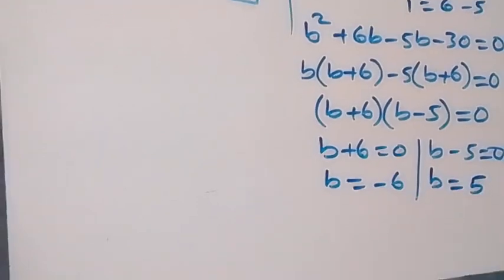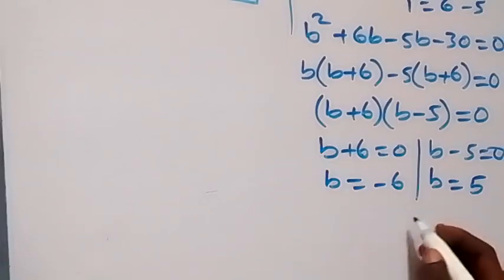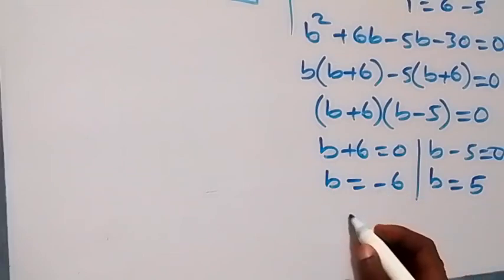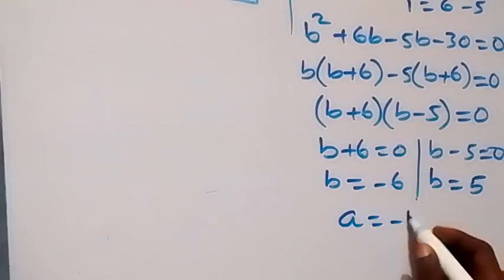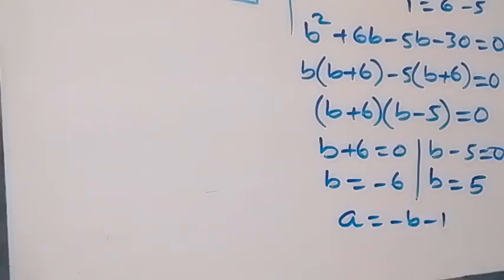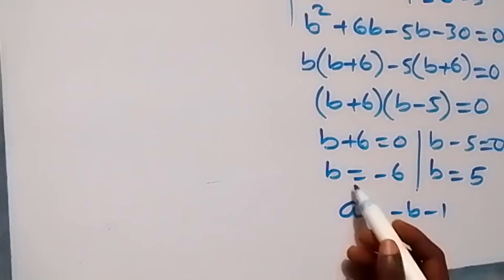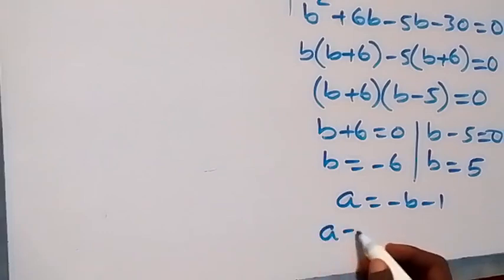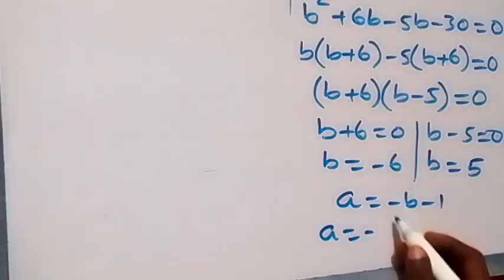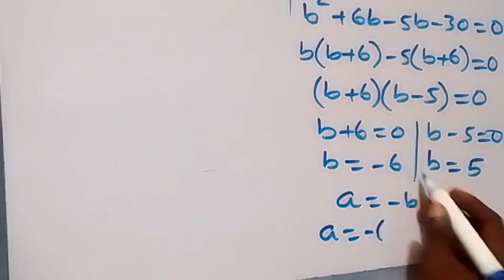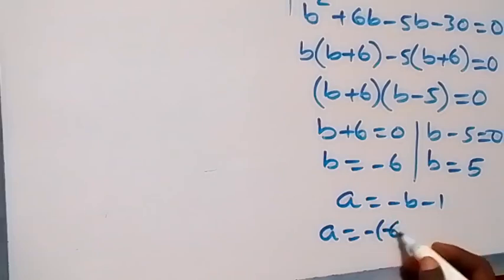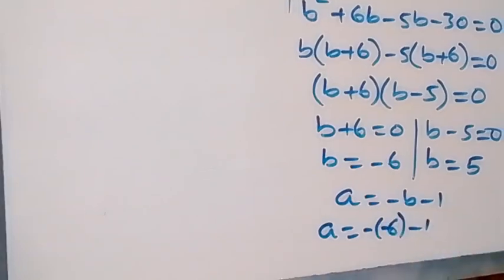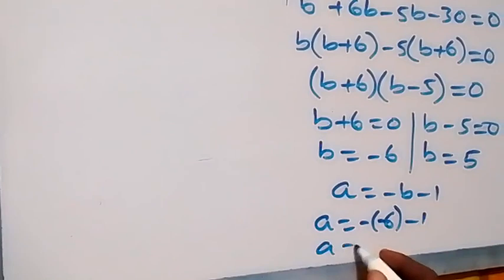Then we can get the corresponding value of A from the relation we have, which is A equals minus B minus 1. So for this side, A will be equal to minus 6, because B here is minus 6, then minus 1, and here this gives us A equals 6 minus 1.